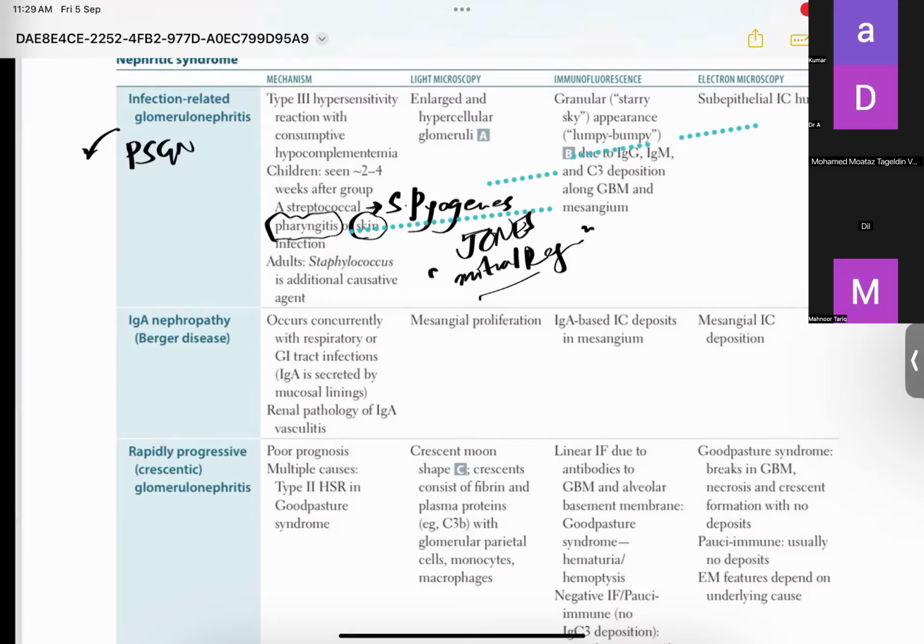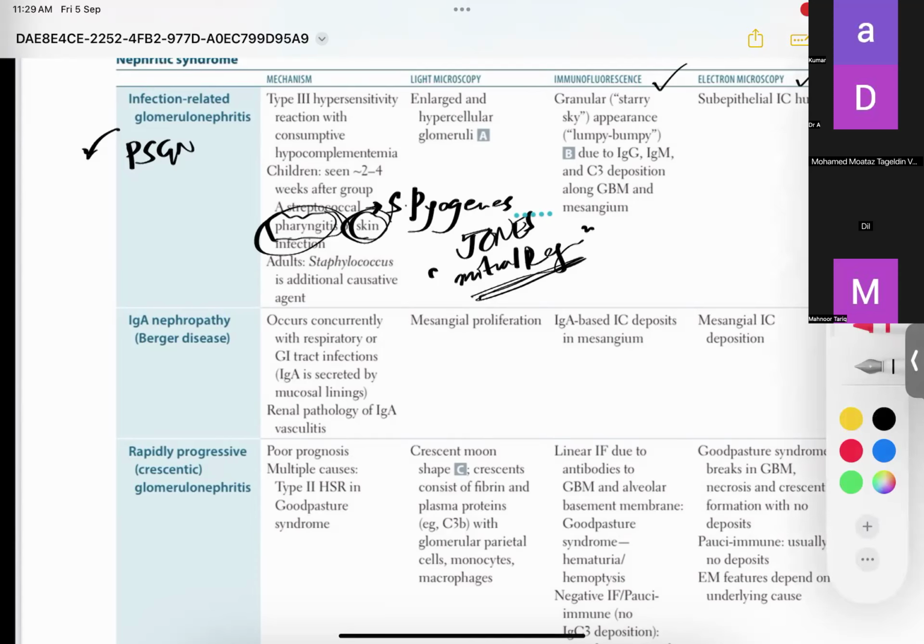So in some question you will see that we have a problem in the heart, we have skin problems like impetigo, we have pharyngitis, and they will ask you about what will be the immunofluorescence, what will be the electron microscopy, or simply they will ask you what's the disease, okay?